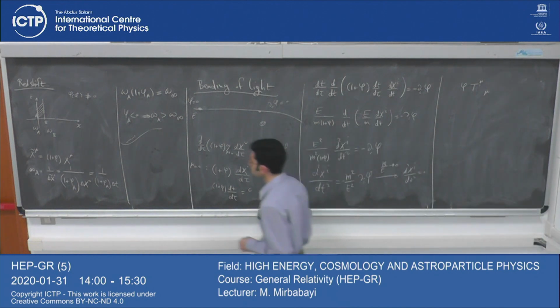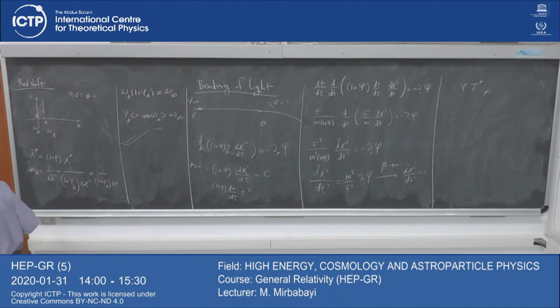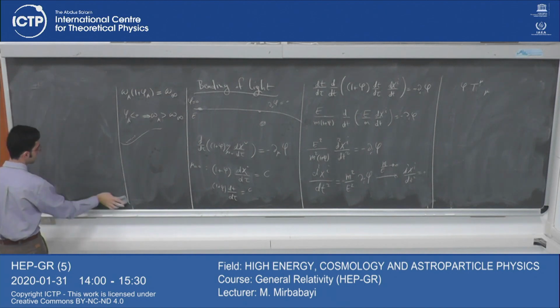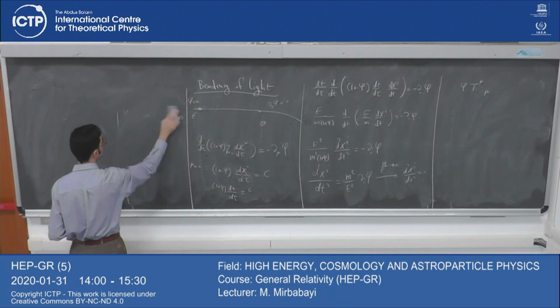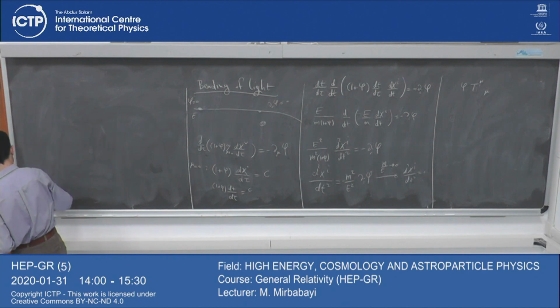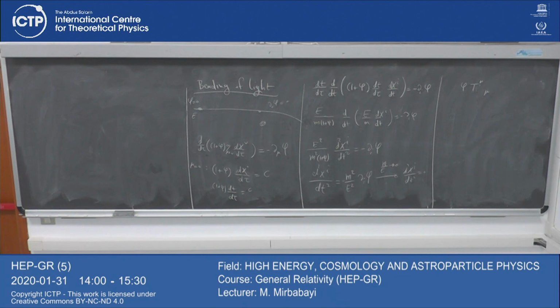Okay, so let's see what we can do. One thing that we can do is to consider a metric description of this theory. So again, let us go back to this point particle action that we had.